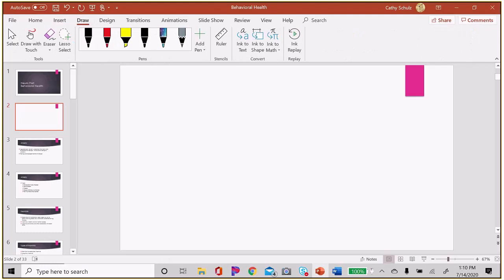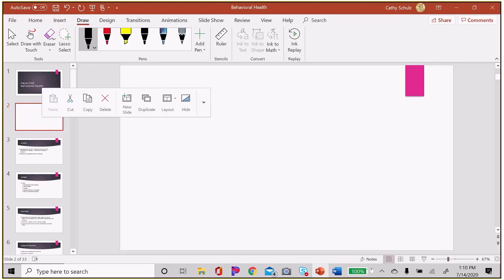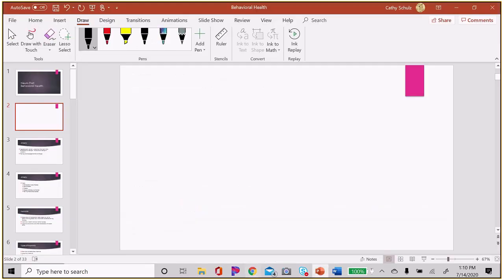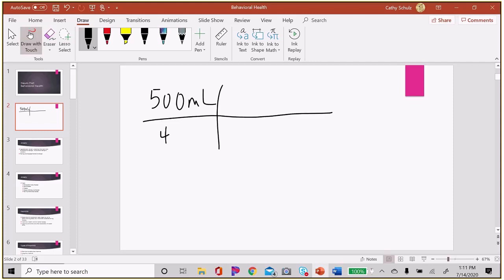So we are giving 500 milliliters over 4 hours. 1 hour equals 60 minutes. 1 milliliter equals 15 drops.